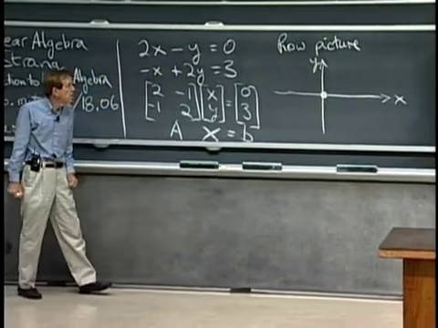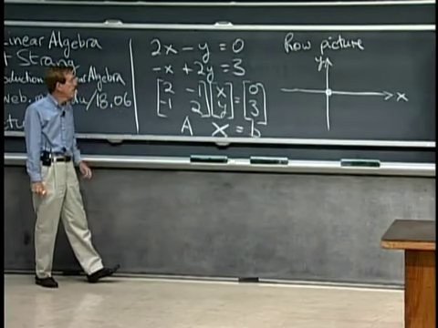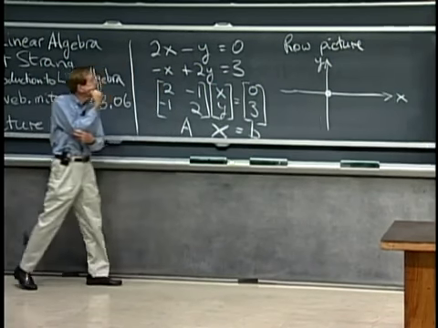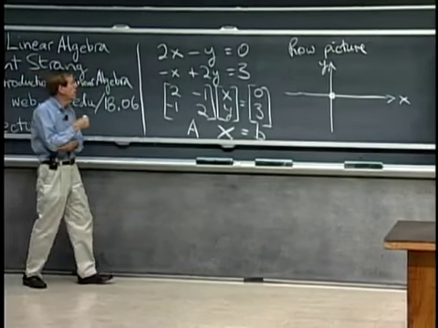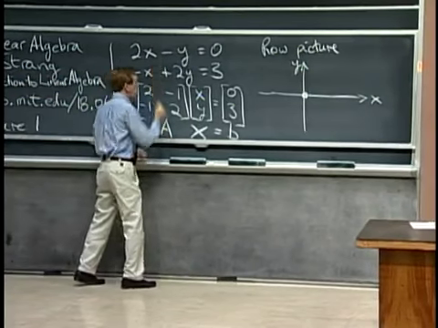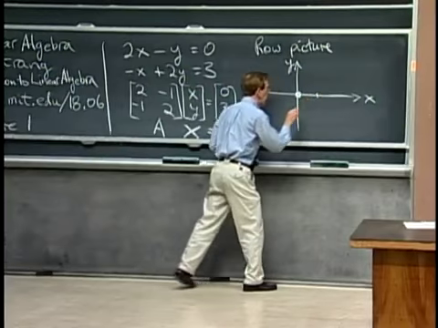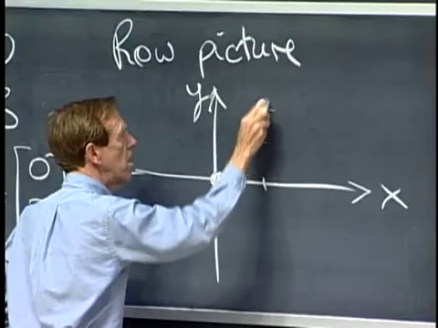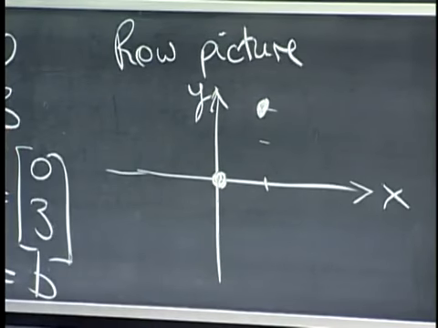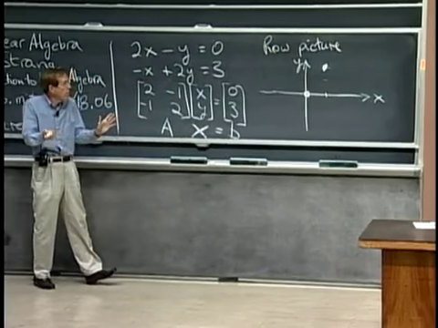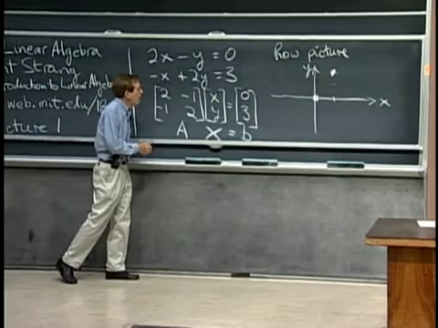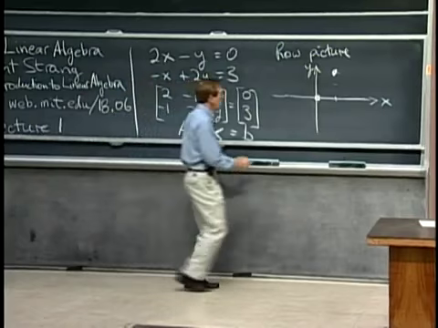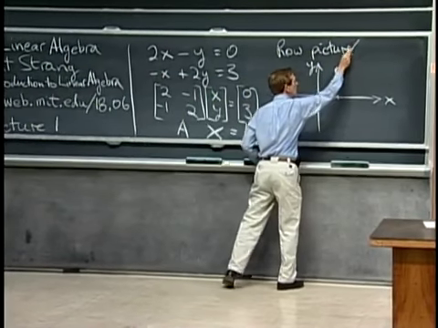It solves that equation. Okay, tell me, well, I guess I have to tell you, another point that solves this same equation. Let me suppose x is 1, so I'll take x to be 1. Then y should be 2, right? So there's the point 1, 2 that also solves this equation. And I could put in more points, but let me put in all the points at once, because they all lie on a straight line.